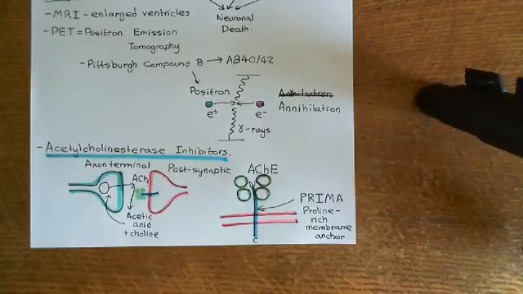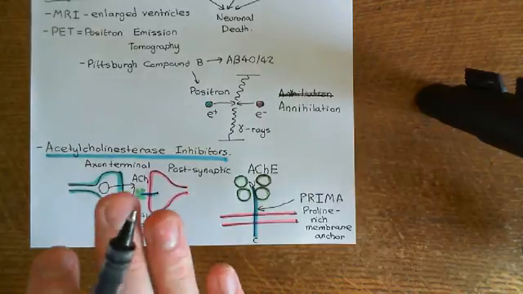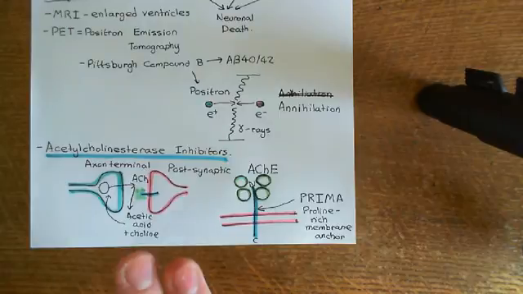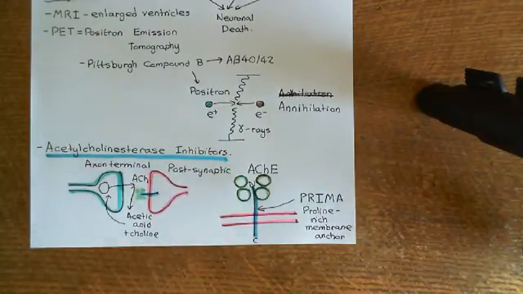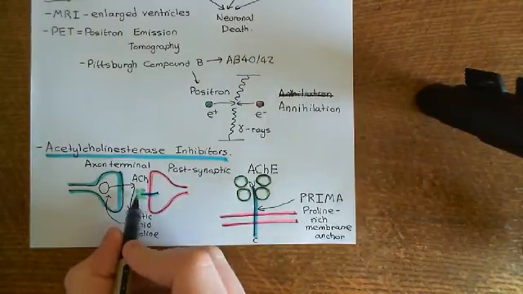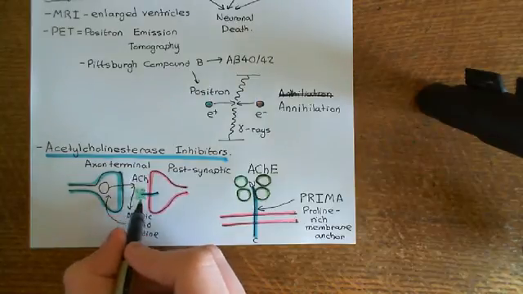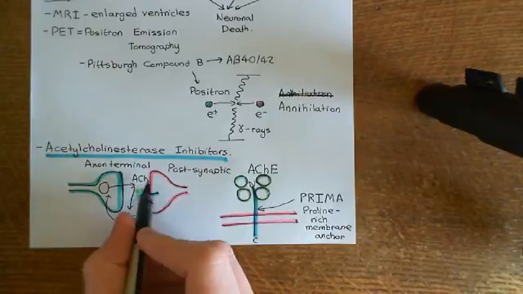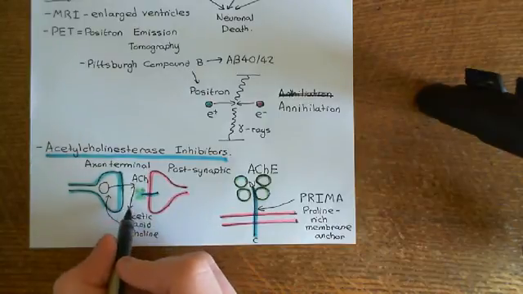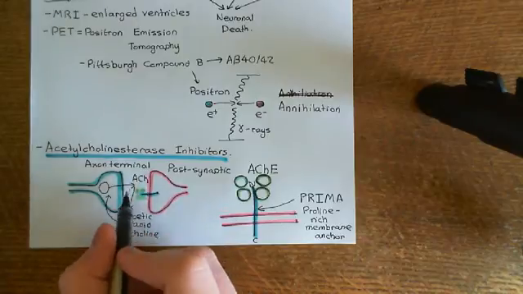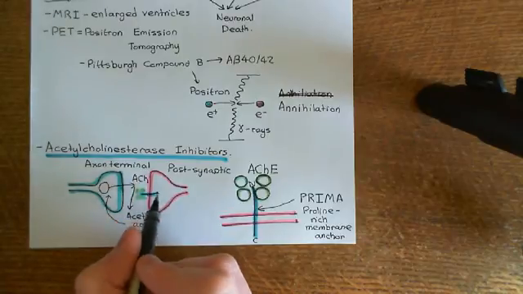Now the idea is that if in Alzheimer's disease we've had loss of these cholinergic neurons, that's resulting in too little cholinergic neurotransmission in the cerebral cortex, so too little acetylcholine is being released onto the cerebral cortex neurons. If we were to block the acetylcholinesterase enzymes, then the acetylcholine wouldn't be degraded anymore by the acetylcholinesterase enzymes, so you'd now get more acetylcholine remaining in the synaptic cleft, and therefore you'd get more cholinergic neurotransmission.